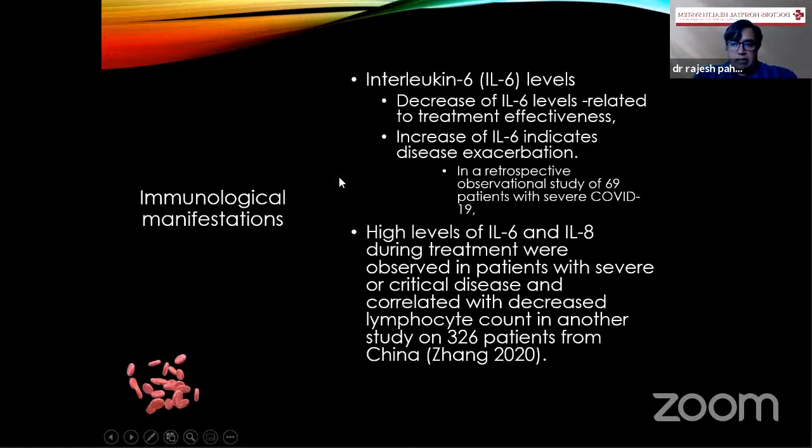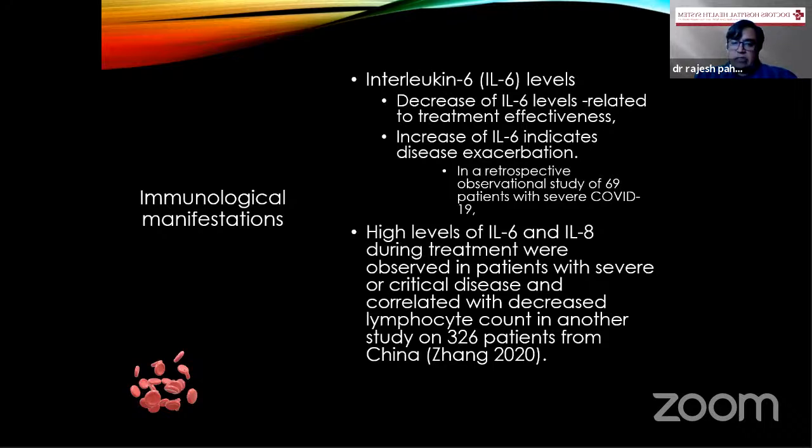It's important, as I already mentioned, that the interleukin-6 level is associated with severe liver injury. In many studies conducted, monitoring of the IL-6 level is now a standard practice in various places, after observing that there is a decrease in IL-6 level, which decides the effectiveness of the treatment, and there is an increase in IL-6 level when there is a disease exacerbation.